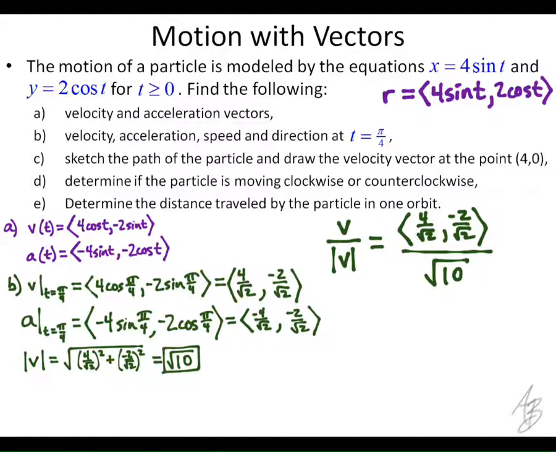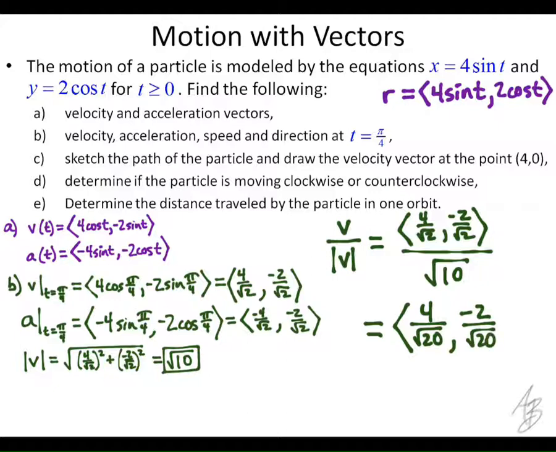To divide a vector by a scalar, you just take each component and divide it by the scalar. So it would be 4 over the square root of 2 divided by the square root of 10. So that's going to give us what? 4 over the square root of 20. And then over here we're going to have negative 2 over the square root of 20.